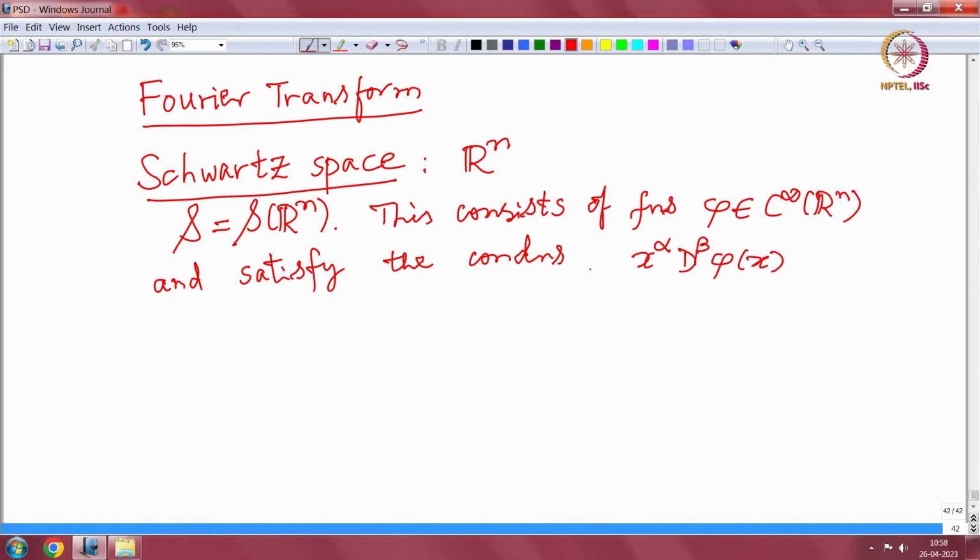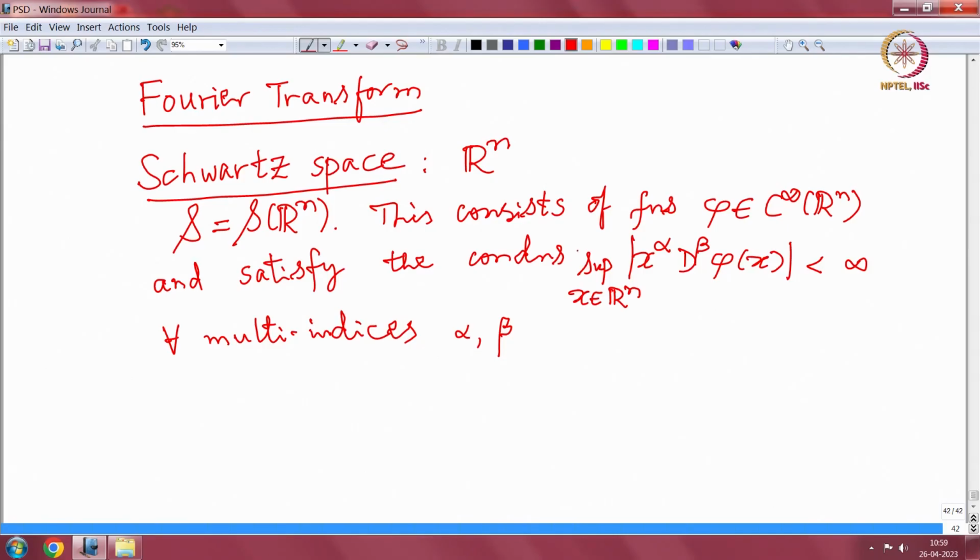Okay, and then you take the supremum over all x in Rn. Okay, so this should be finite for all multi indices alpha, beta.